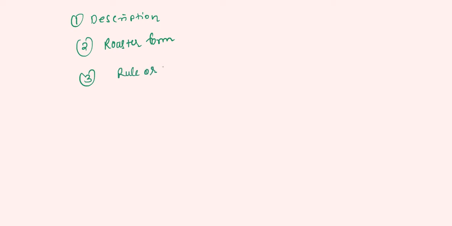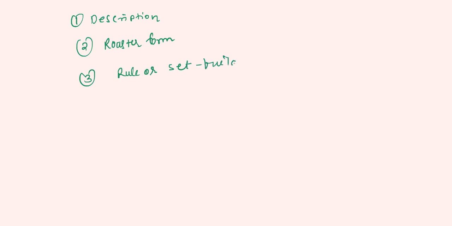After exercise 10b, our next topic is representation of sets. Simply we are having three: the first one is description method, then the second one is roster form or tabular method, then the last is rule or set builder method.